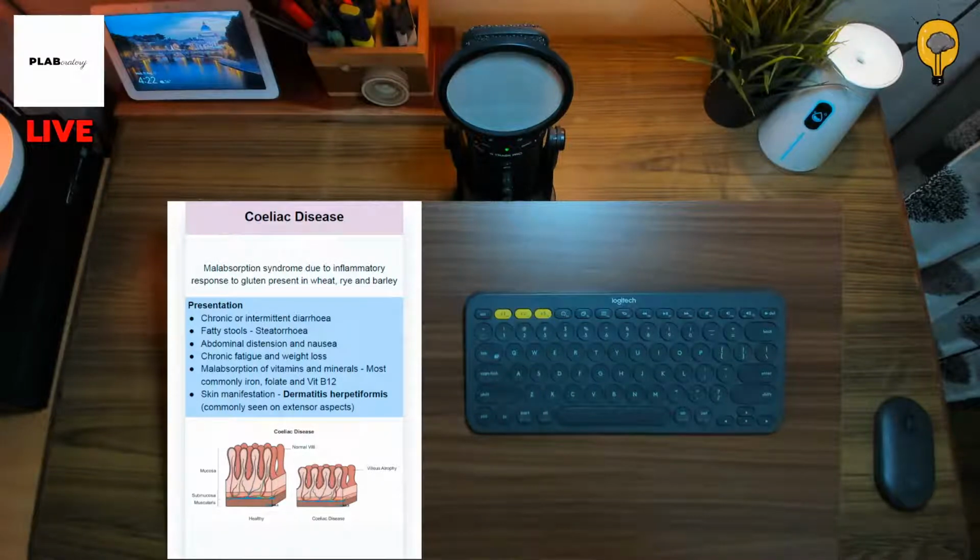Now, clinical features are chronic or intermittent diarrhea, stinking stools, steatorrhea, persistent unexplained GIT symptoms including bloating, nausea, and vomiting, fatigue, unexpected weight loss, unexplained iron, vitamin B12, or folate deficiency.